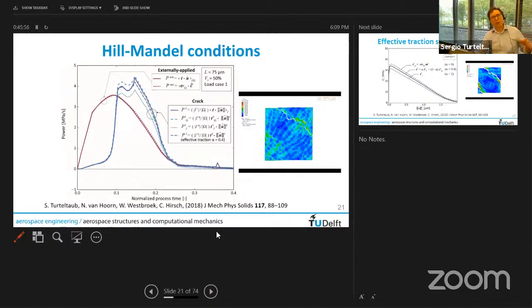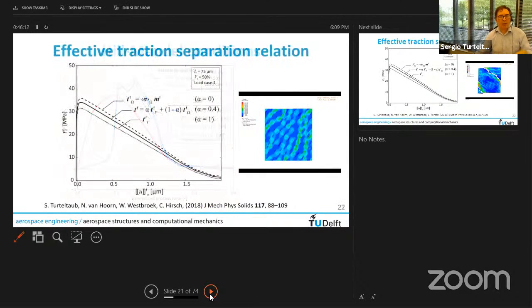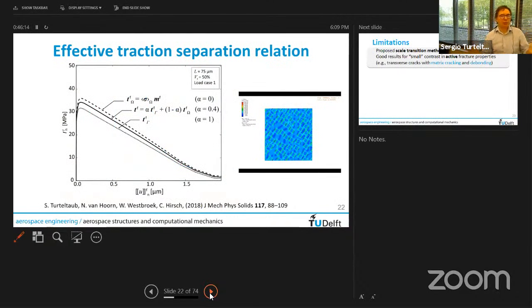So that justifies the reason for using this adjustable parameter alpha, to get the proper effective quantities for the crack, such that it is energetically consistent from the point of view of fracture. And when it comes to the effective traction separation law, you could argue that the effect is not that big in this case, but it is still noticeable. This would be the effective traction separation law.